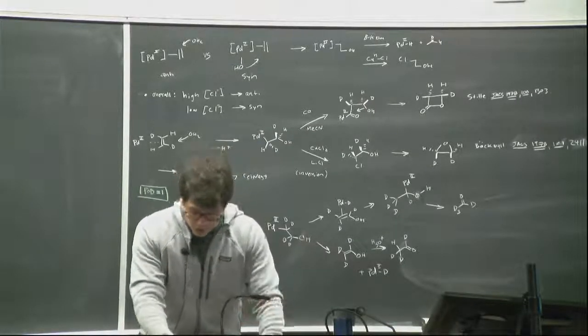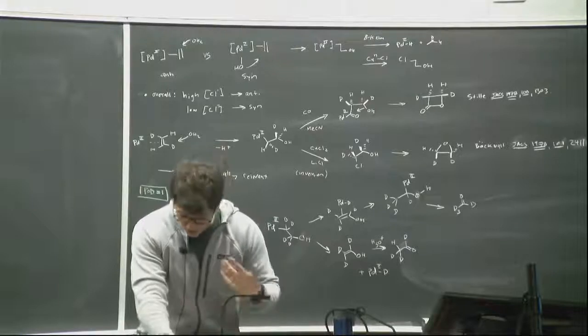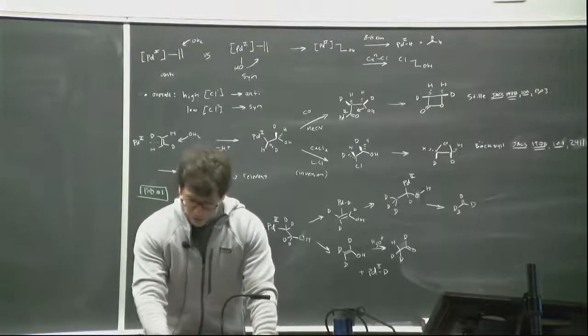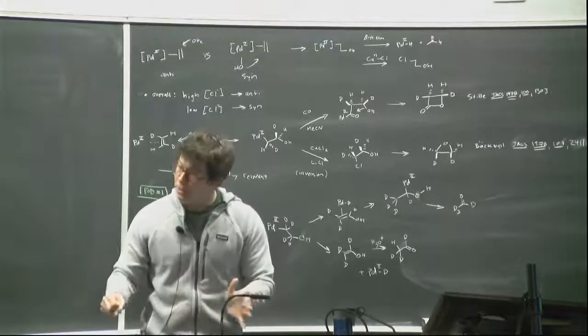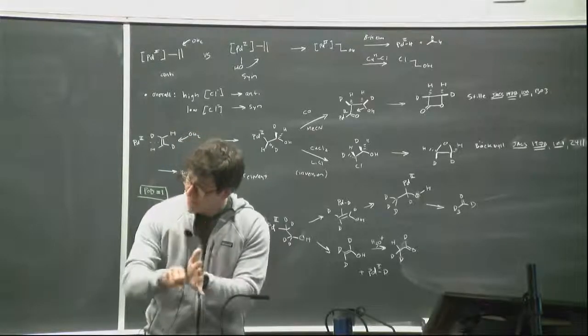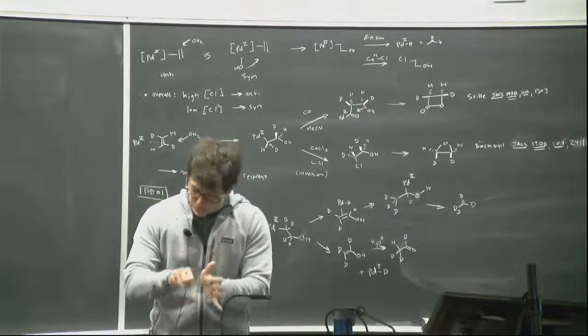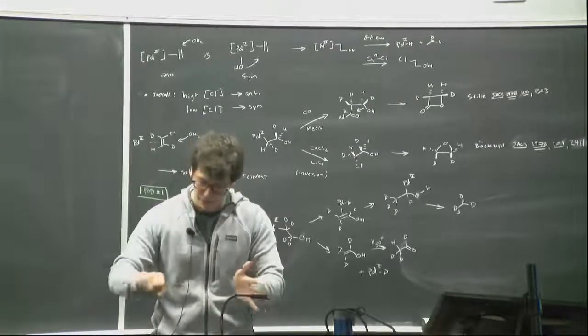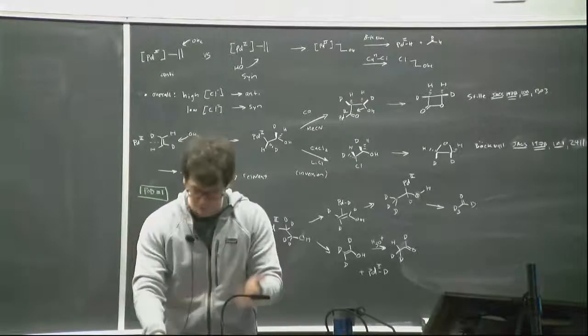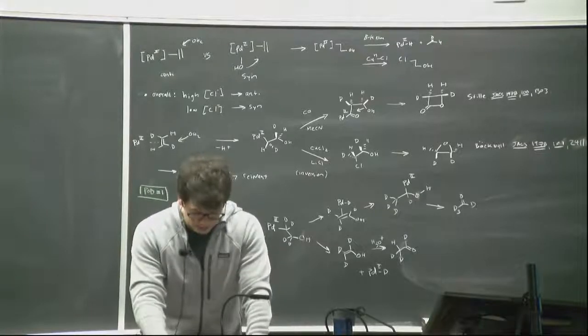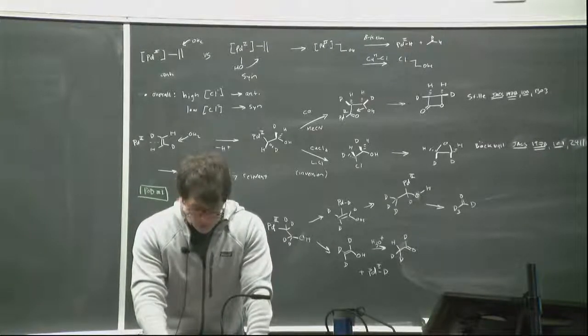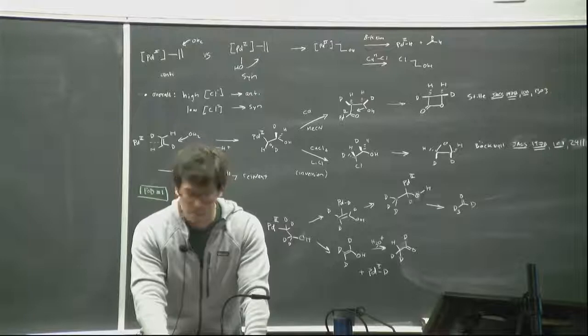So this is a somewhat common thing that you should keep in mind. After beta-hydride elimination, there's one additional step that's not often drawn, which is that the palladium hydride has to leave, the alkene has to leave the coordination sphere of the palladium hydride intermediate that's generated. Very good. Any questions on that?